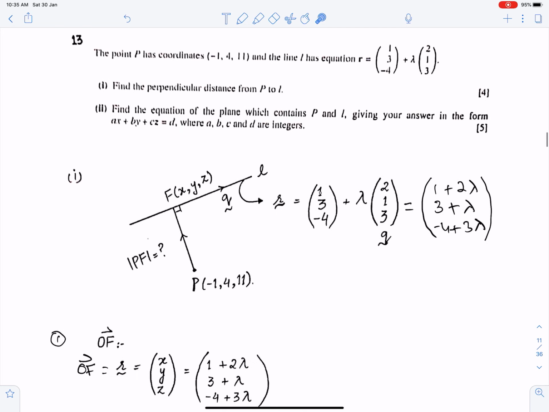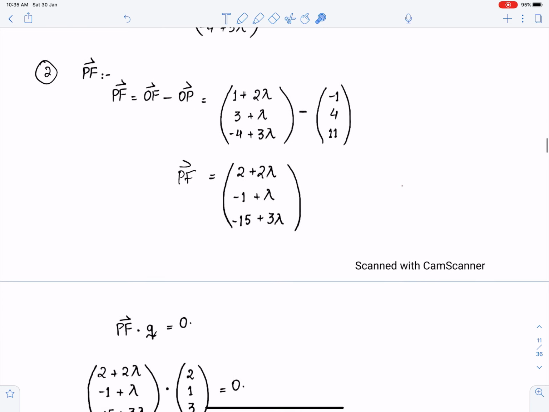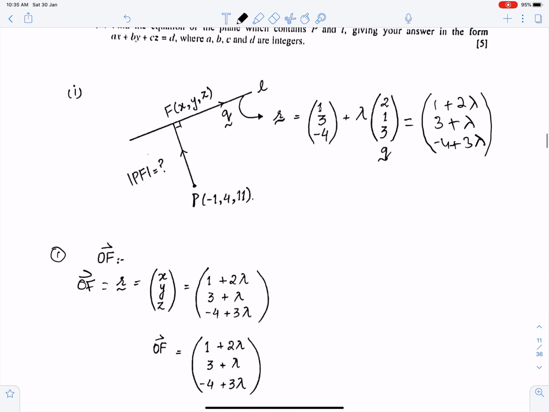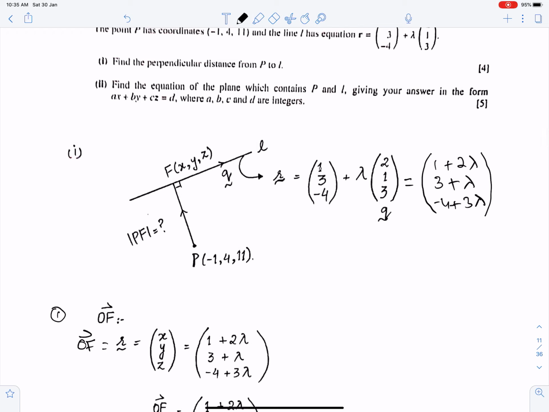Now the next thing is, since this PF is in terms of lambda, therefore we need the value of lambda. This is step number 3. Take the dot product of these two vectors, PF and Q. Since these two vectors are perpendicular, therefore their dot product must be 0.